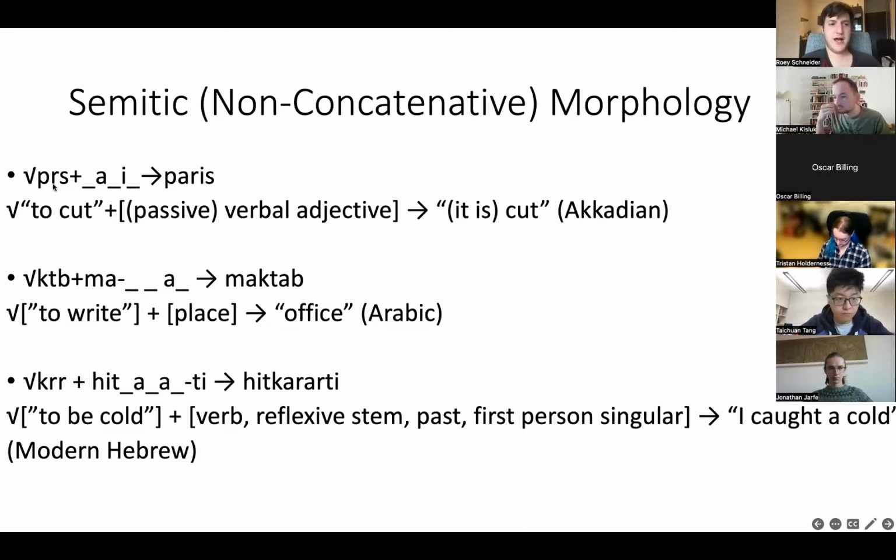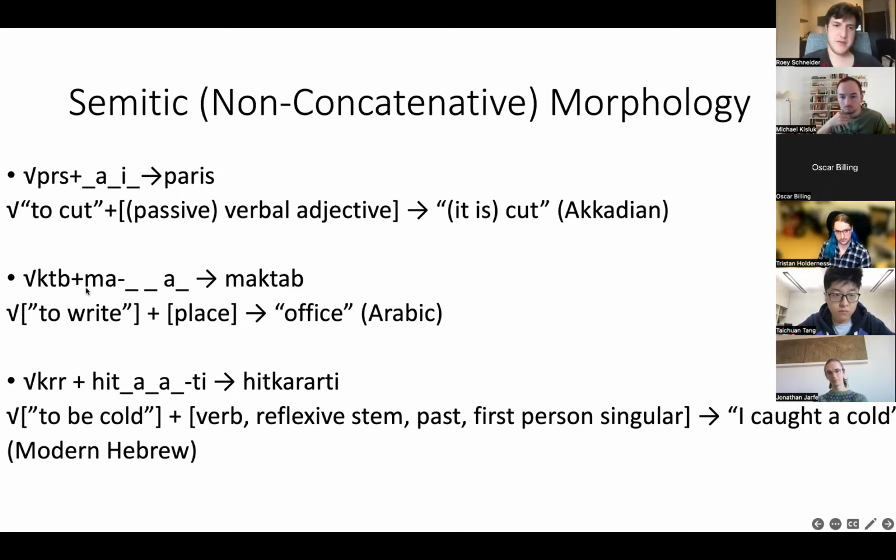If we take the root paras and the abstract pattern ai, we can get Paris, which means it is cut in Akkadian, because this root means to cut, and this pattern means passive verbal adjective. I hope that's correct. If not, anyone can correct me, please. I hope that's clear as well.